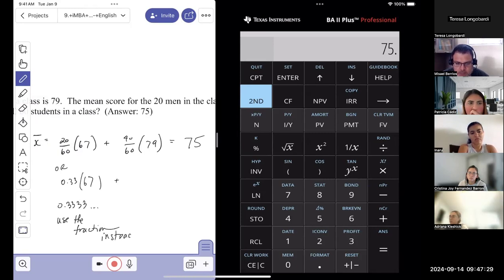It's a good habit not to just round like that. In this case, you probably will get the same number, but be sensitive.